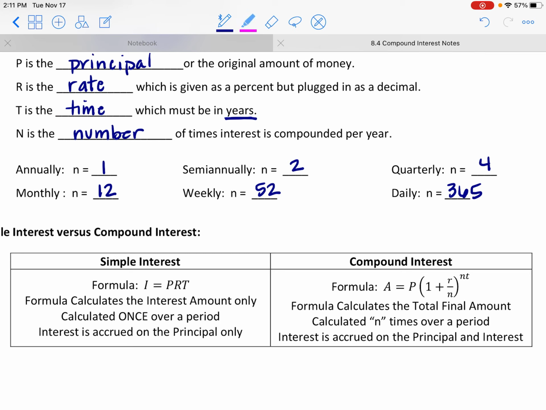With simple interest, we're calculating interest just once over your time period. And with compound interest, it's n times. So 4 times, 365 times, 52 times, whatever it is. And so the result of that is, with simple interest, you're only accruing interest on the principal. Whereas with compound interest, you're accruing interest on the principal and the previous interest earned. Okay, so those are the basic differences there.